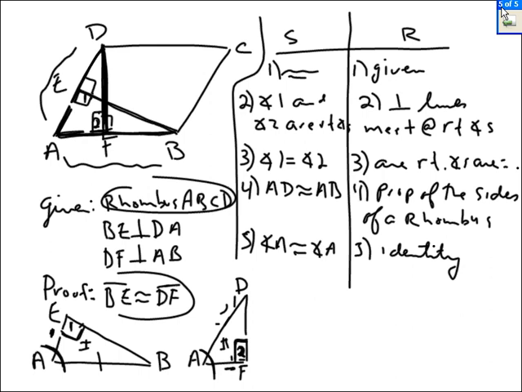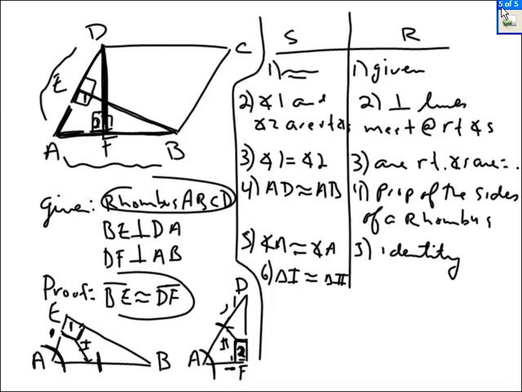But you know what? The side opposite the right angle, we know they're equal. Okay, so number 6, triangle number 1 is congruent to triangle number 2.